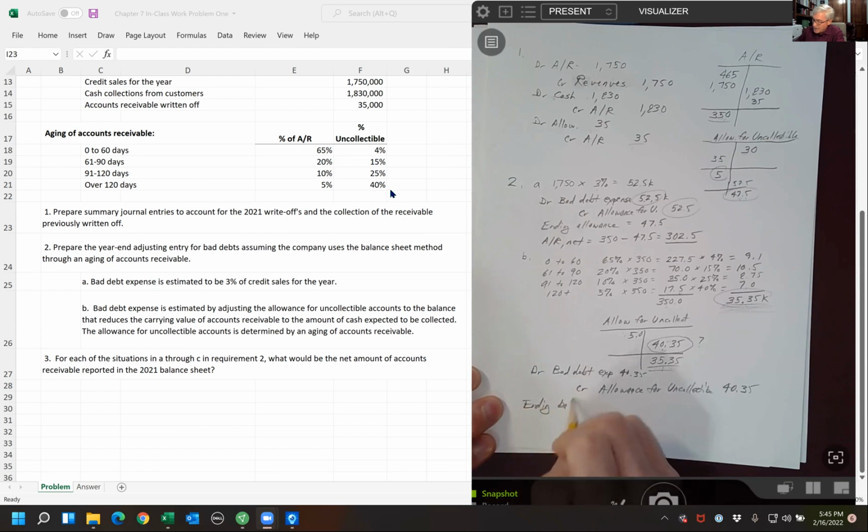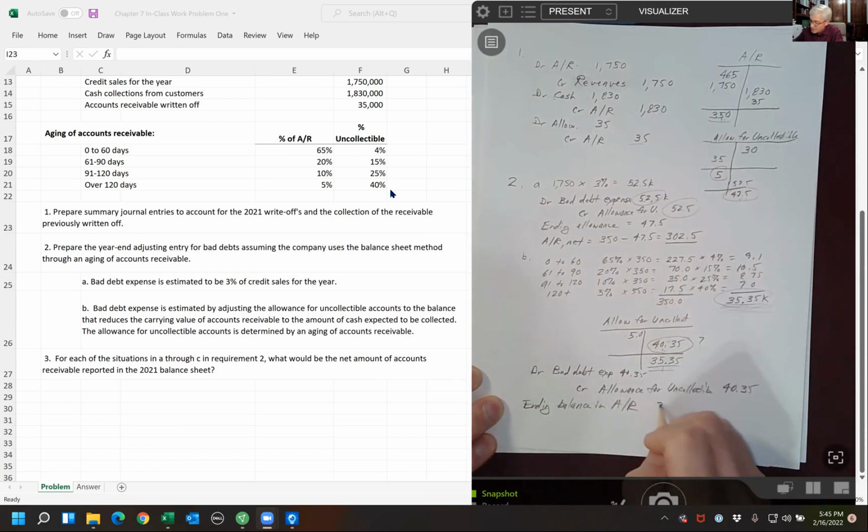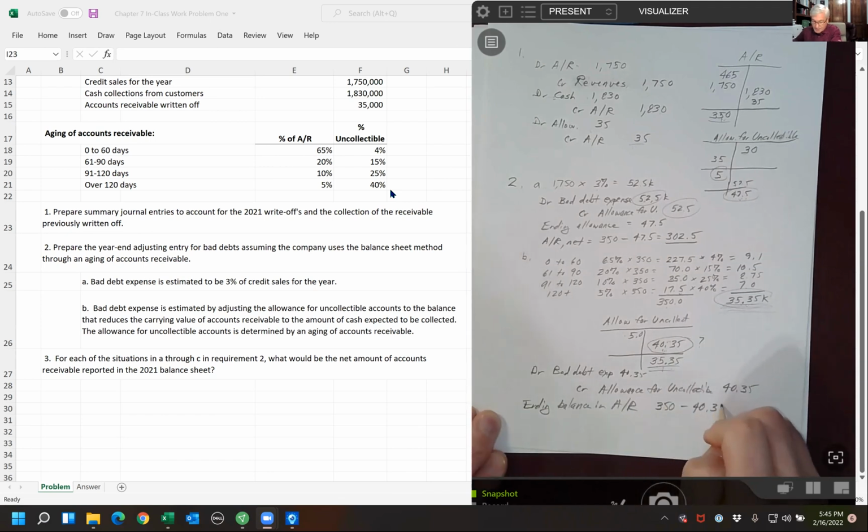Ending balance in AR for the balance sheet is going to be 350 minus 40.35. Oh, I'm sorry.